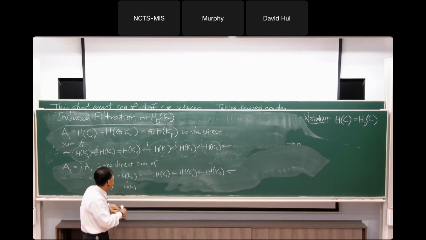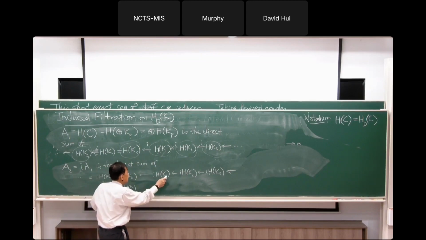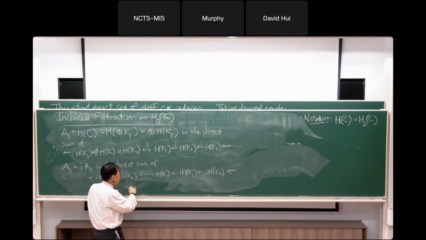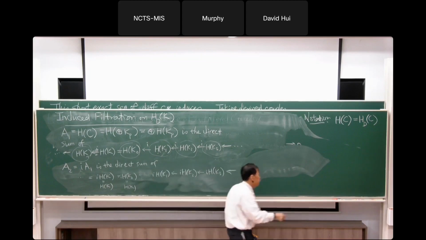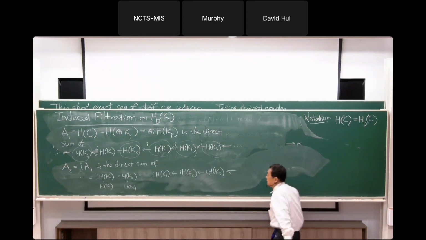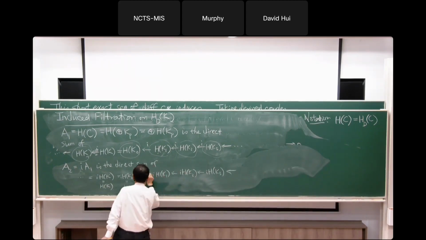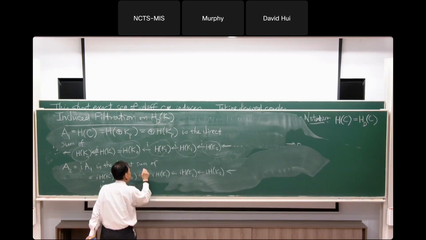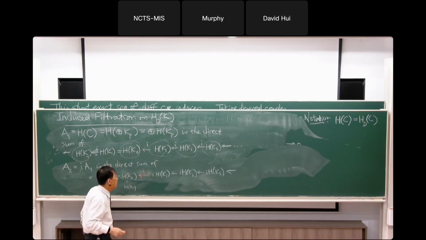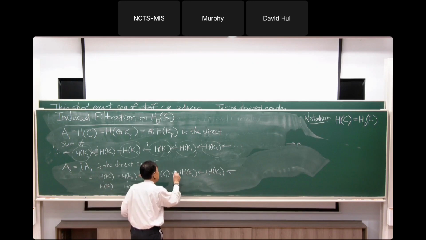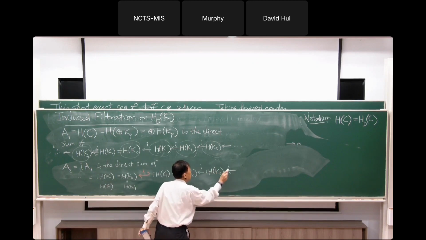So this map I of HK1, when it maps into H of K, is actually an inclusion. This first map is an inclusion. The other maps may not be inclusions.